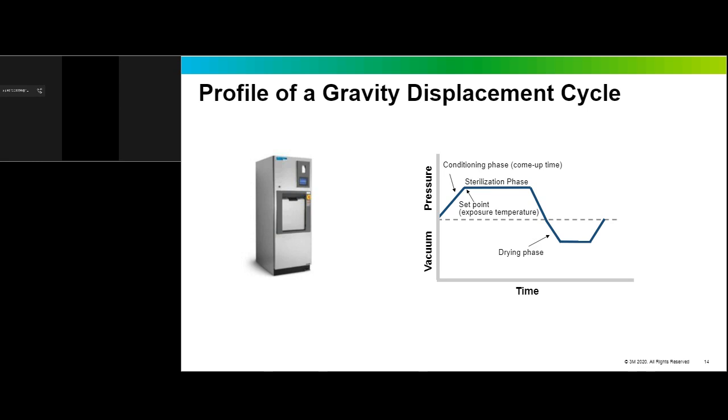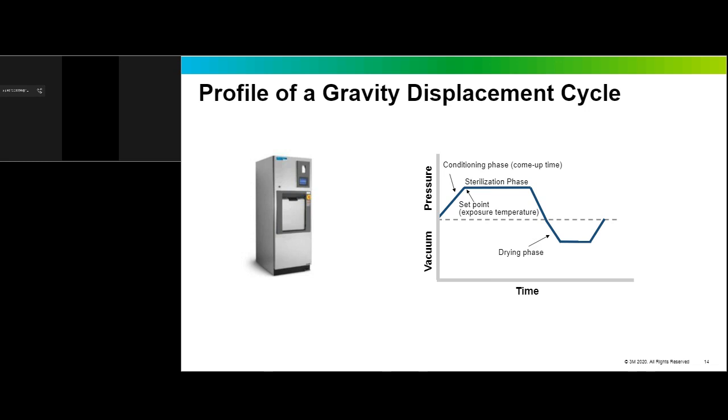And you can see after we start that cycle, the pressure starts building in the chamber as incoming steam displaces the air through the drain that's located typically in the bottom of the sterilizer. And we call this the conditioning phase. When the temperature sensor in the drain senses that the chamber has reached the pre-selected temperature, say 270, typical temperature that many of you probably use, then the drain closes and the actual sterilization phase begins.